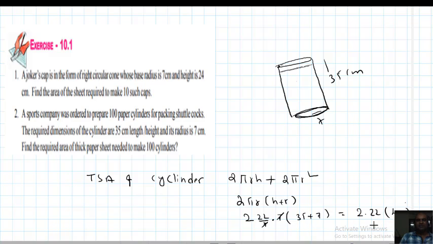So this total surface area of the cylinder into 100. I will write in next page or here only.